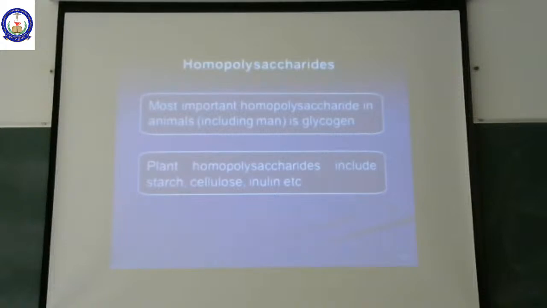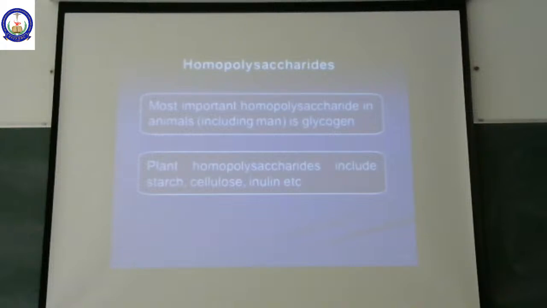Glycogen is a major source of energy in the body. Glucose is stored in the form of glycogen in the liver, and its metabolism is regulated by two major hormones, insulin and glucagon.